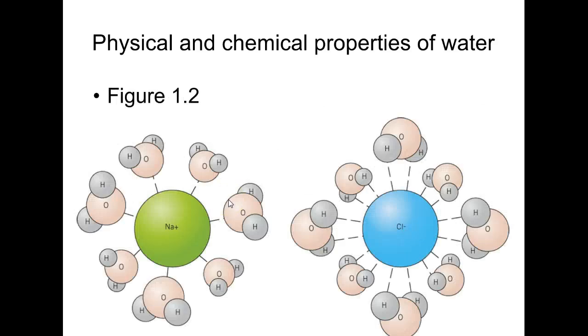Now, how are things solubilized? And this is important. If I take salt, which is a crystal, and I put it in water, immediately when it comes into contact with water, the sodium and the chlorine atoms dissociate completely, totally. And they do that because they're completely surrounded by water. So what you're looking at is something that is solubilized.